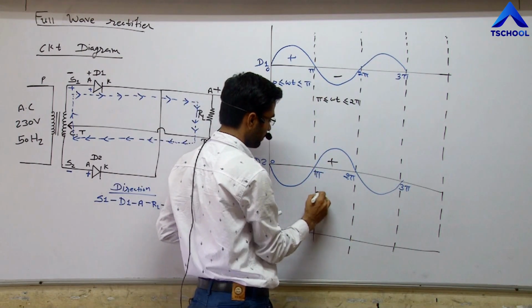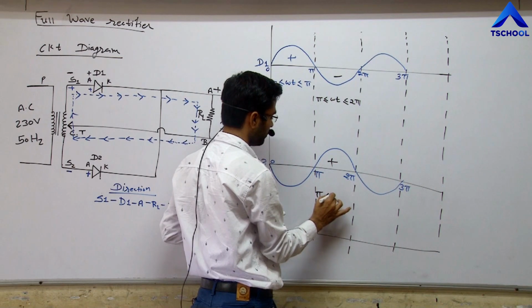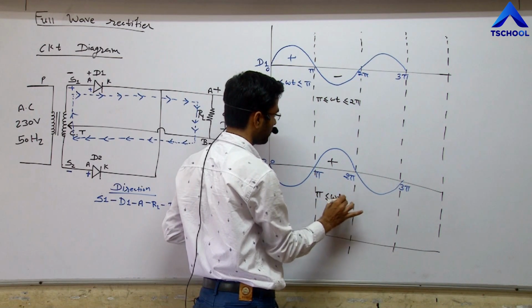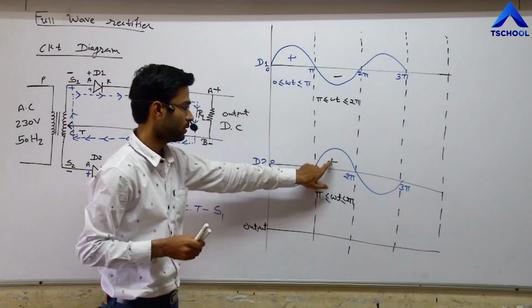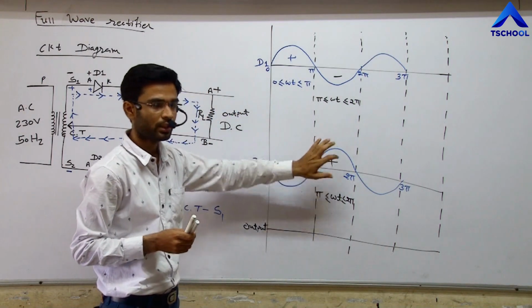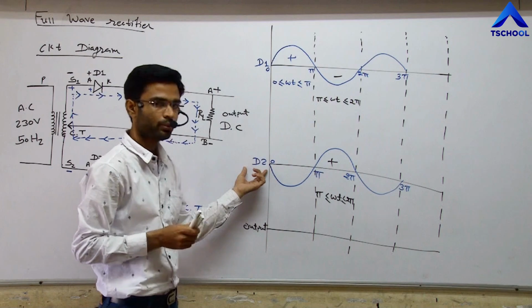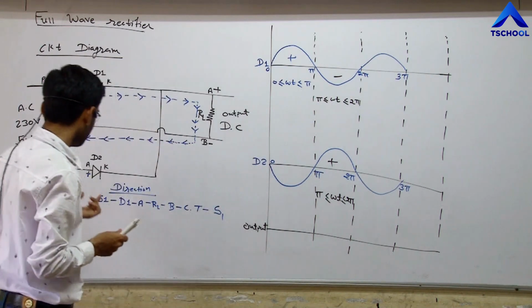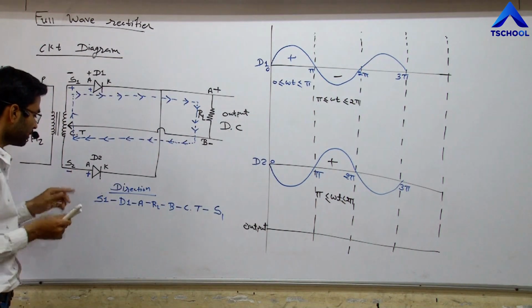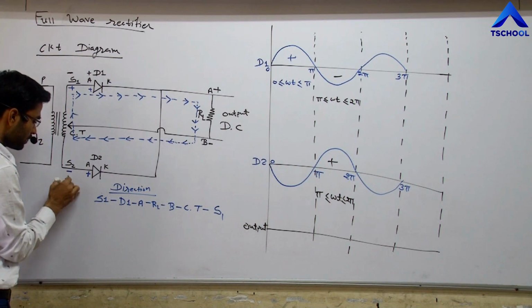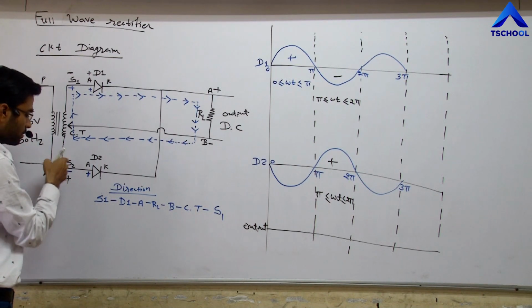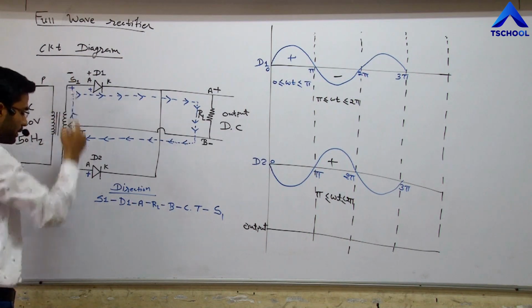Time interval pi less than or equal to omega t less than or equal to 2 pi. During the second positive half cycle, the input is given to diode D2, so S2 becomes positive and S1 negative.